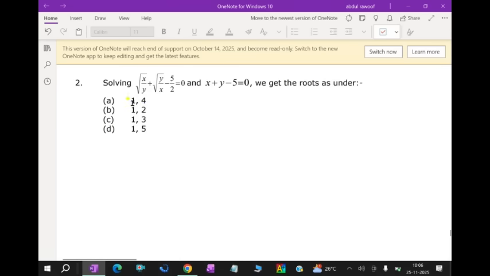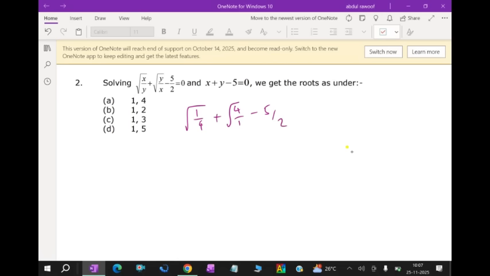Most probably this, because square root of 4 is 2, that is a perfect square. Other options are not possible. So we'll try that. So square root of x is 1, y is 4. Then square root of y over x is 4 by 1, minus 5 over 2.